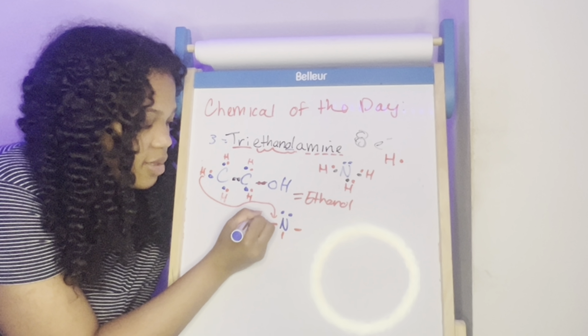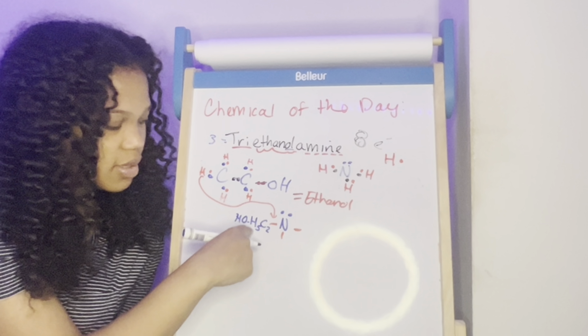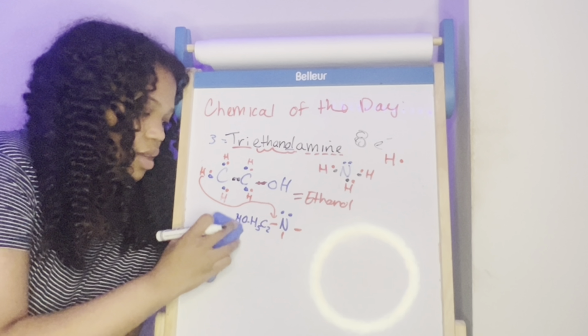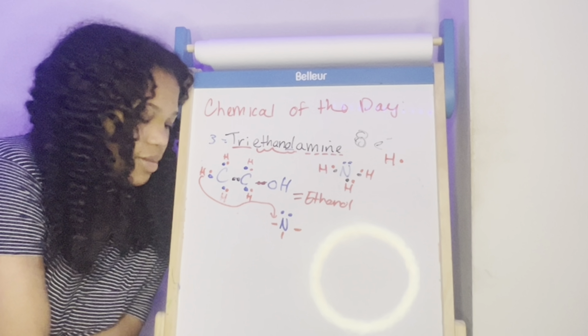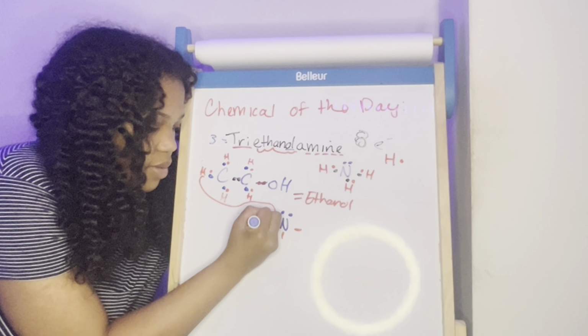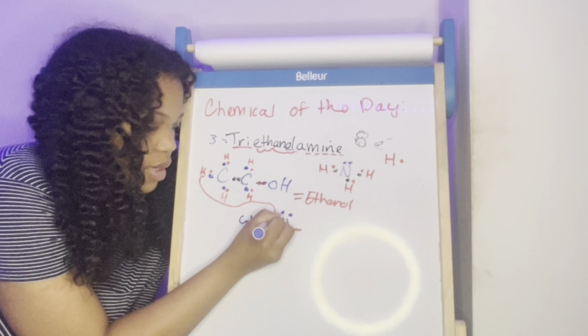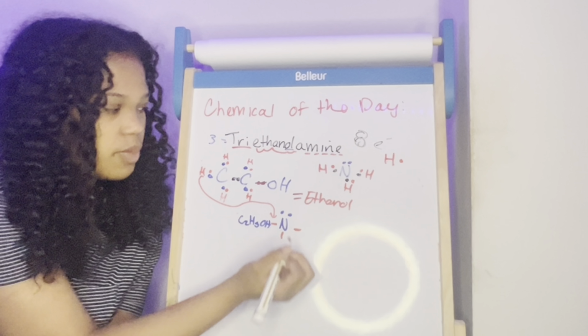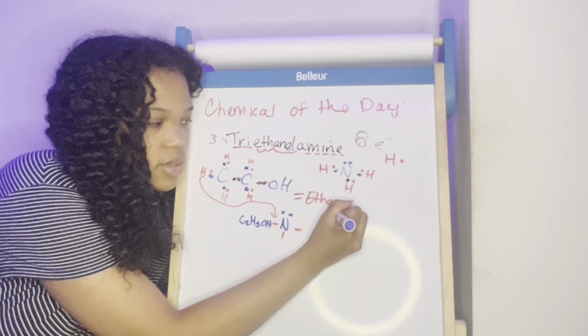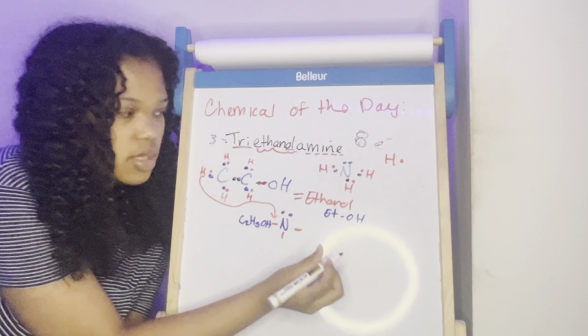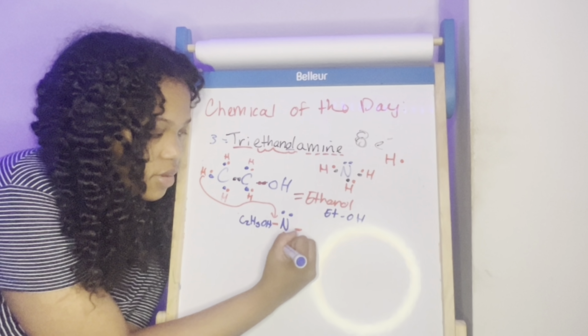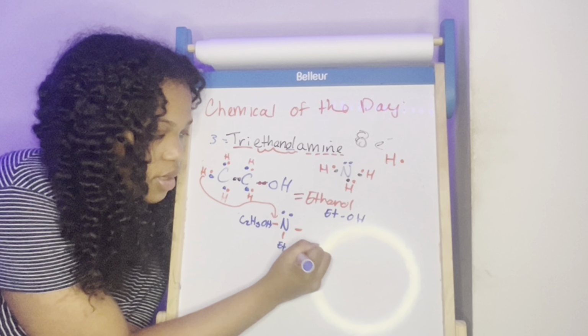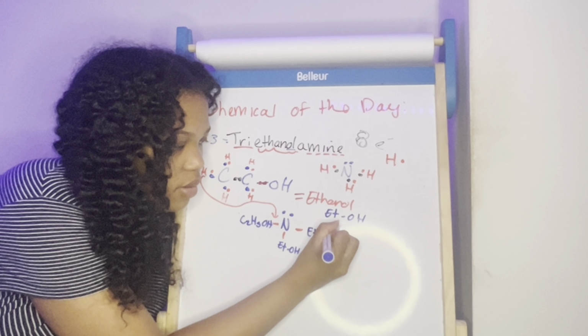But I don't like how that looks. Because that's like assuming that the H is connected there. Oh, yeah. C2H5OH. Or another way that we write these is ETOH. So you know that's an ethanol. OH, ethanol, OH.